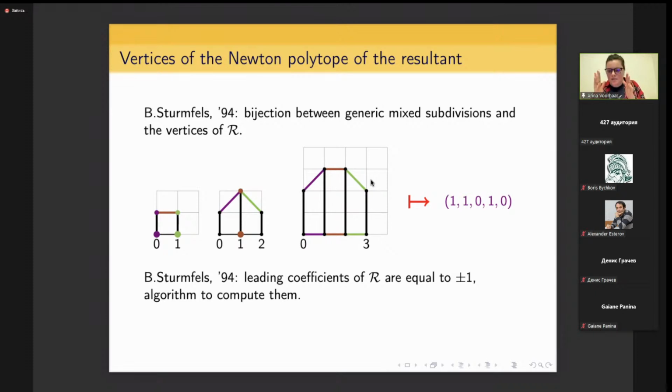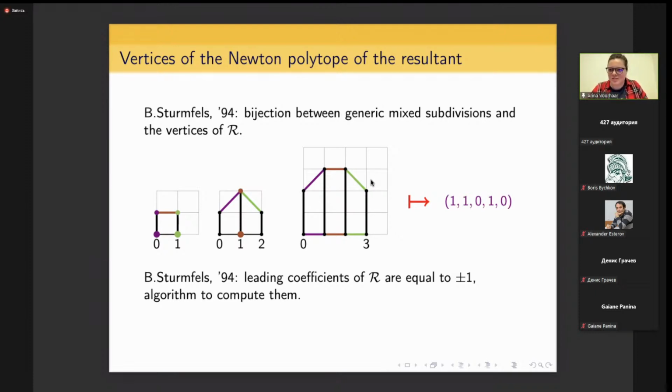Before I move further, I of course have to say that that's not a good way to say this, that the leading coefficients are equal to plus or minus 1, because we defined the resultant as a polynomial in the coefficients that vanishes whenever the corresponding tuple of polynomials has a root, right? But of course, if you multiply the resultant by any number, all the coefficients are going to change, but at the same time, this polynomial will still serve its purpose.